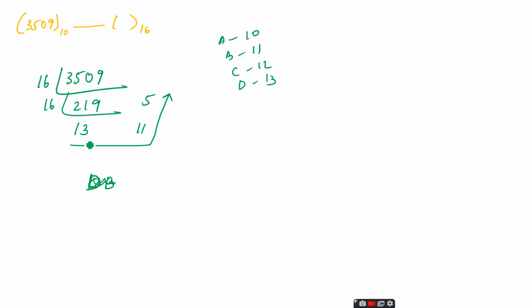So 13 is represented as D, then 11 is represented by B, then we have to write 5, base 16. This is the answer.